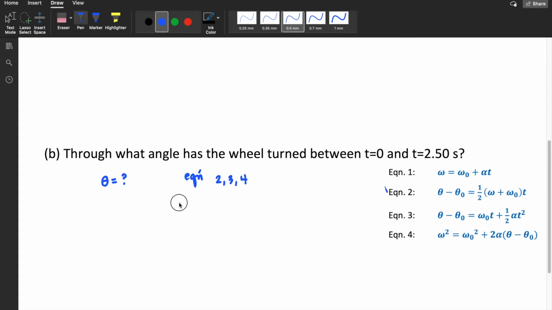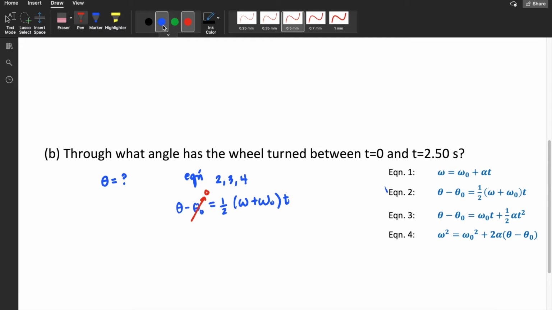I prefer equation 2, so you'll have theta minus theta naught is equal to 1/2 times the quantity omega plus omega naught, times t. Your theta naught is equal to 0.